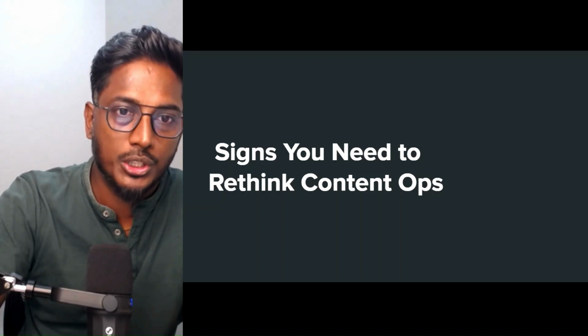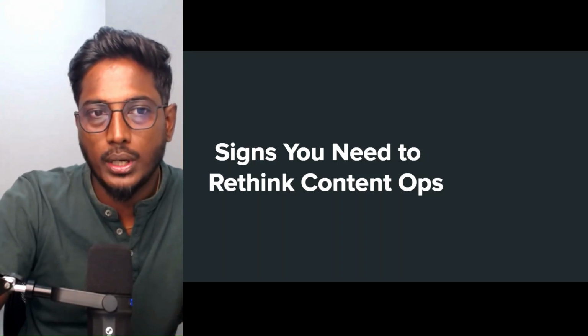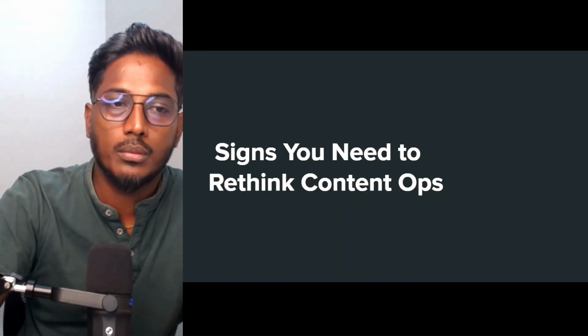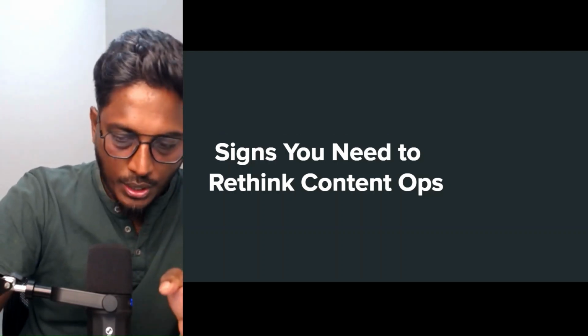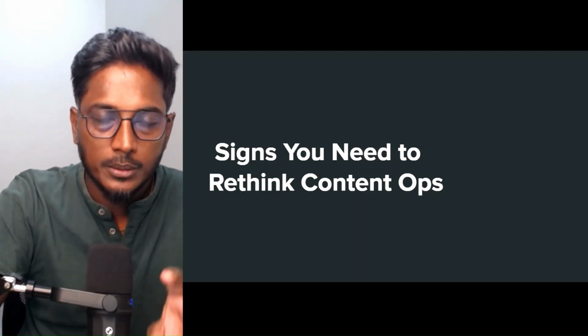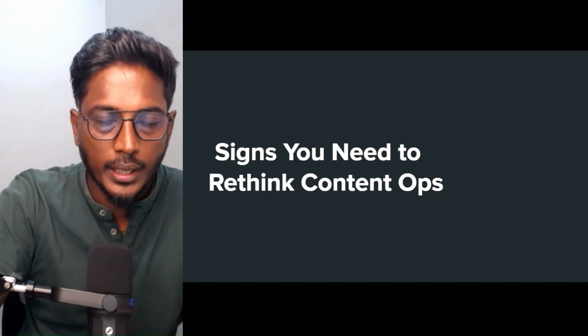You start questioning why so much effort is not turning into measurable impact. Even though you are creating absolutely amazing content, why is it not moving the pipeline? Why is it not influencing the sales? So if this is what you are feeling, I think it's time to rethink how your content campaigns and systems are connected to each other, right?